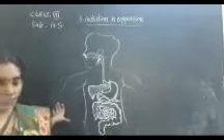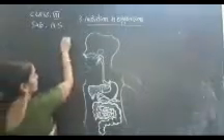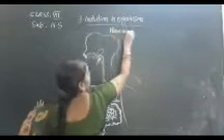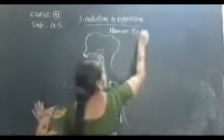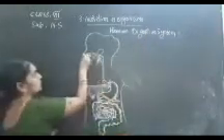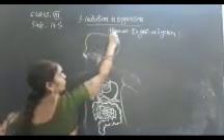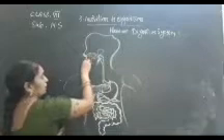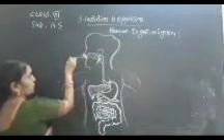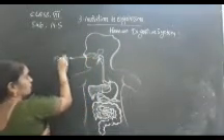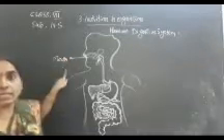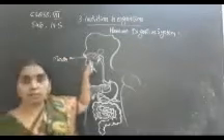So see, children, here this is the human digestive system. So this is the mouth, you know very well. You can draw this clearly, showing the mouth part. Food is taken in through the mouth.